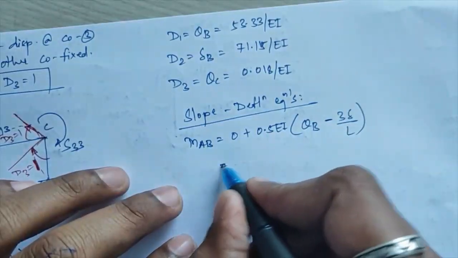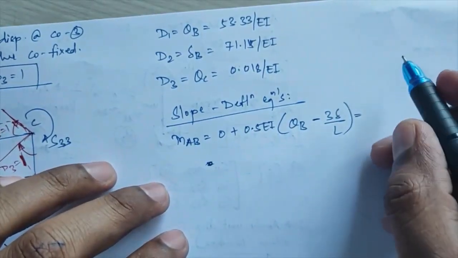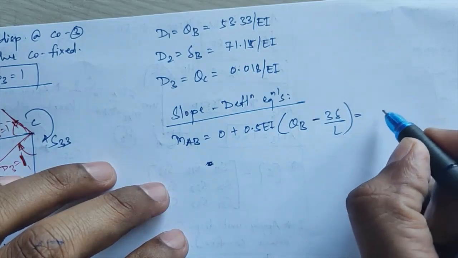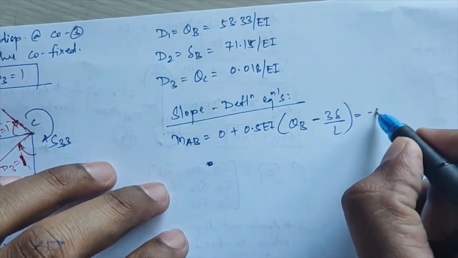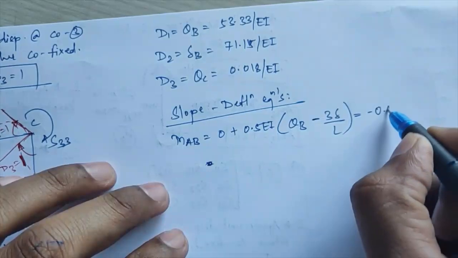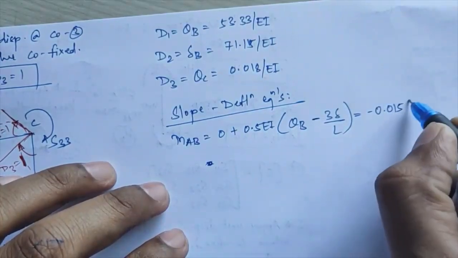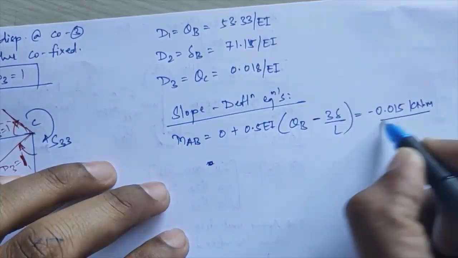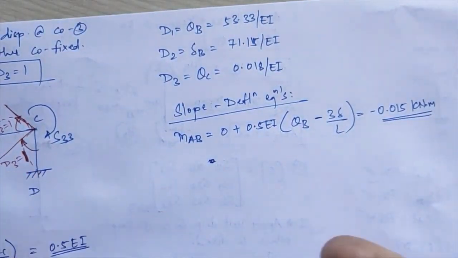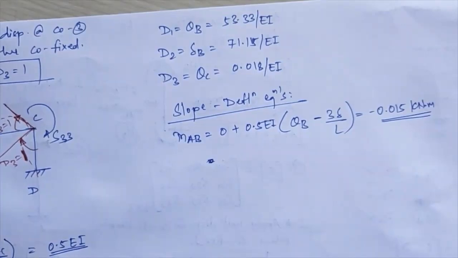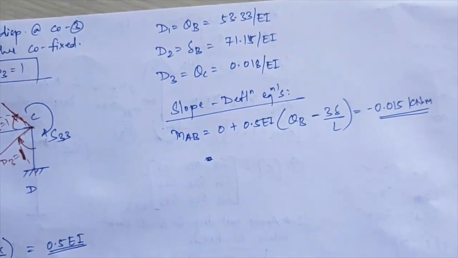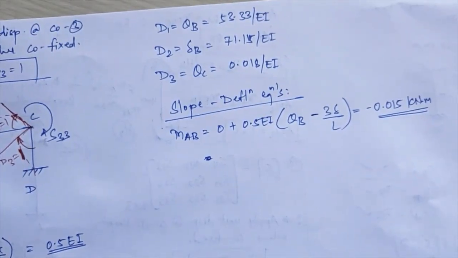So if you calculate this, M AB I am getting as minus 0.015 kilonewton meter, or almost 0 you can say. It is a fixed support, yet you are getting bending moment 0. It is okay, but if you are having a simple support and you are not getting that bending moment 0, then that will be problematic.